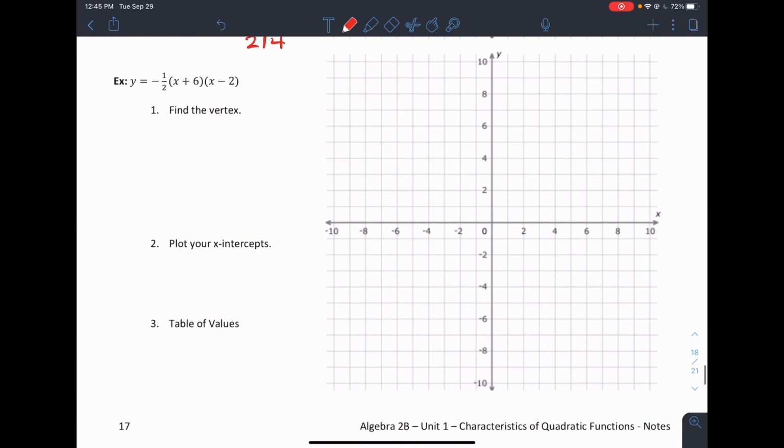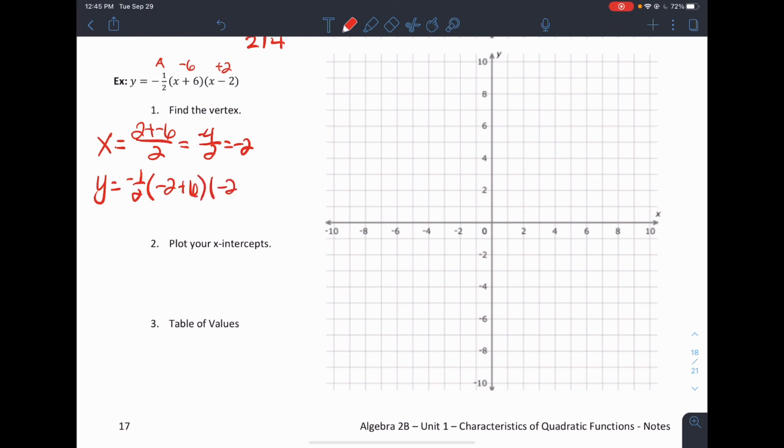Let's try another one. Y equals negative 1/2 times x plus 6 times x minus 2. Let's try it out. So I have a, and then I have negative 6, and I have positive 2. So x equals 2 plus negative 6 over 2. Just average them together, right? Add them and divide by 2. So negative 4 over 2, which is negative 2. So now y equals negative 1/2 times negative 2 plus 6 times negative 2 minus 2.